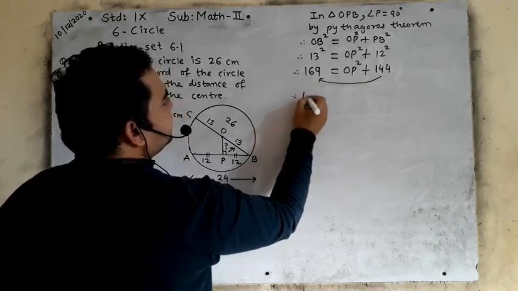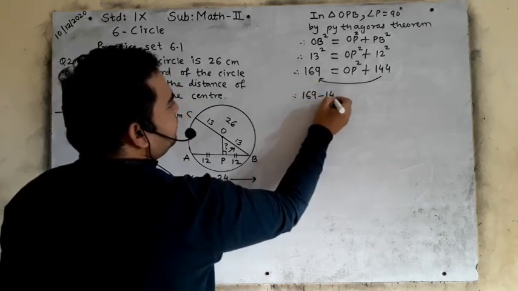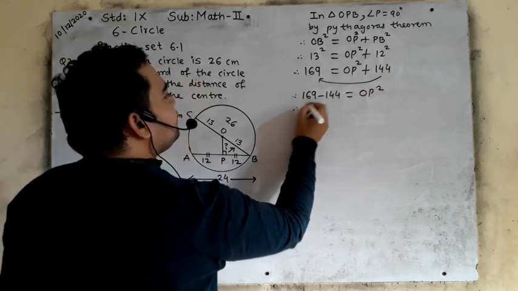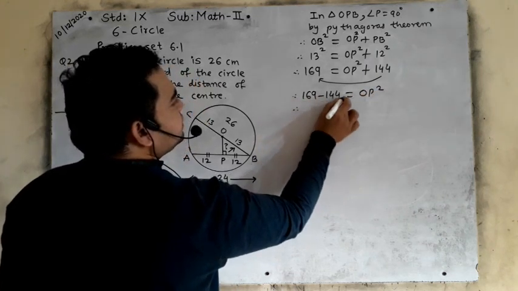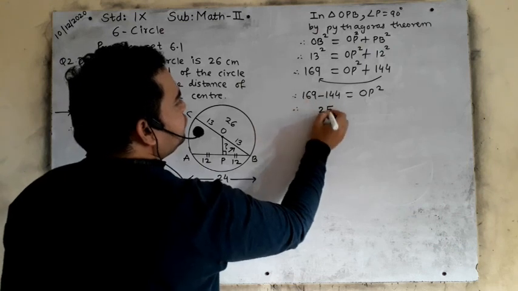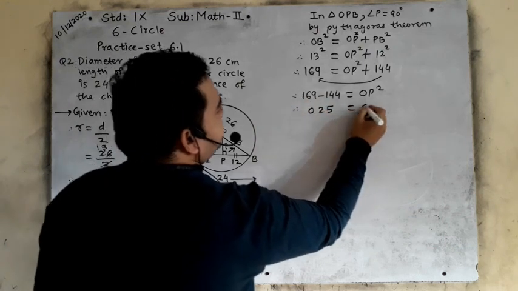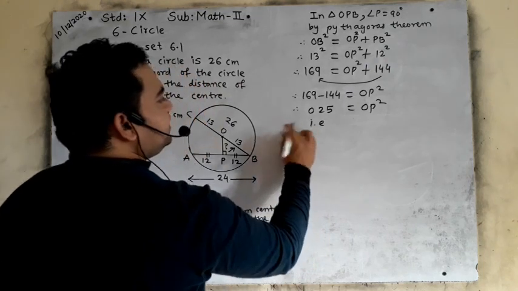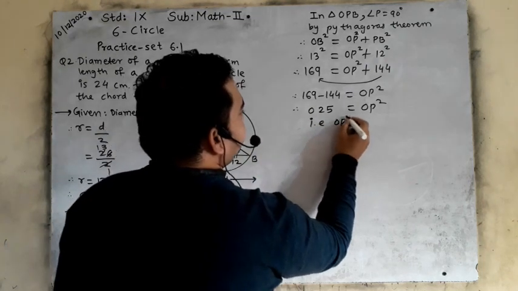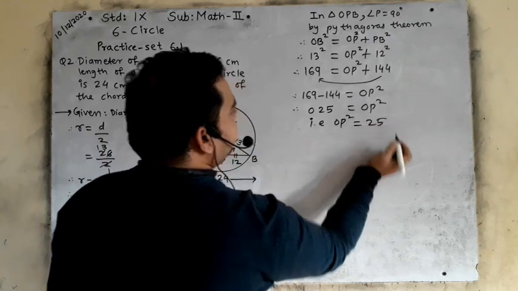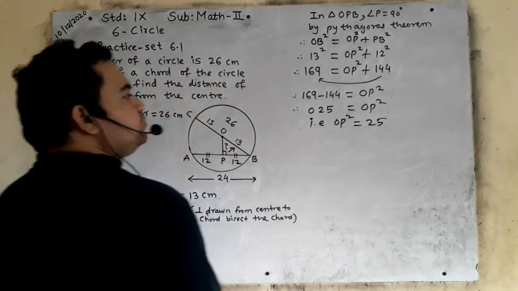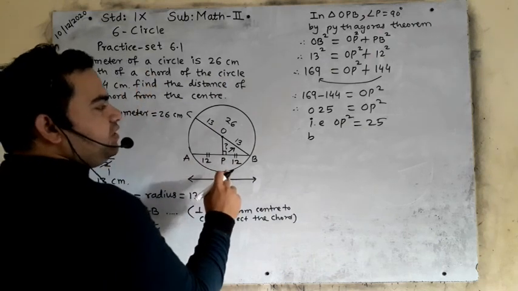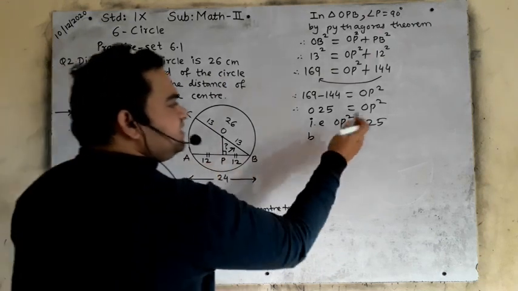So this 144 will come here, it will be subtracted: 169 minus 144 is equal to OP square. So 9 minus 4 is 5, 6 minus 4 is 2, 1 minus 1 is 0. It means OP square is equal to 25, right? We want OP, not OP square, so we take the square root.